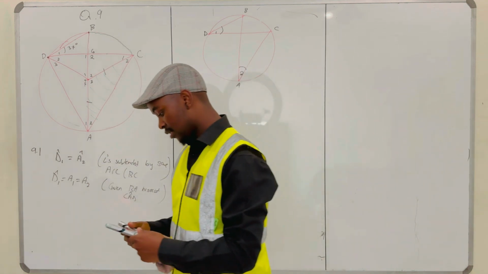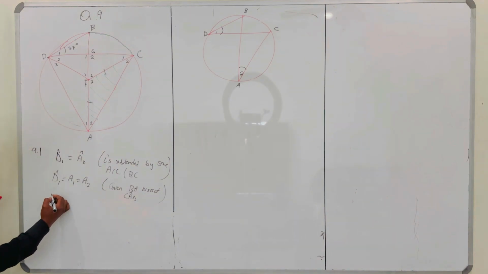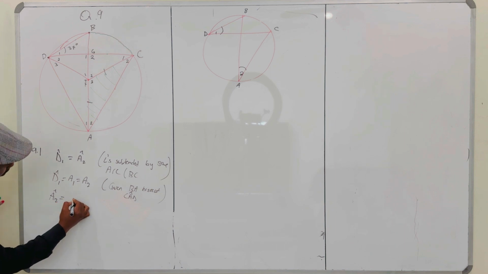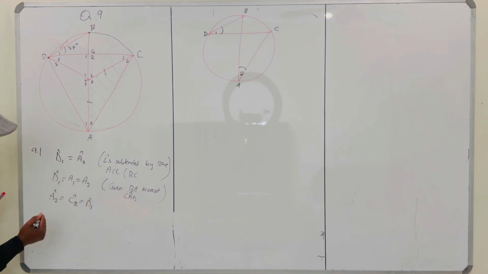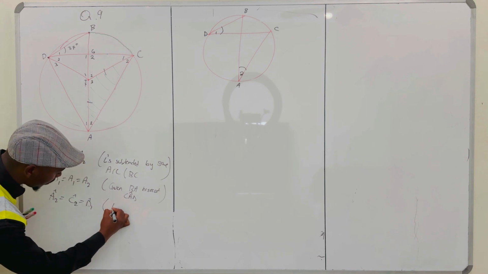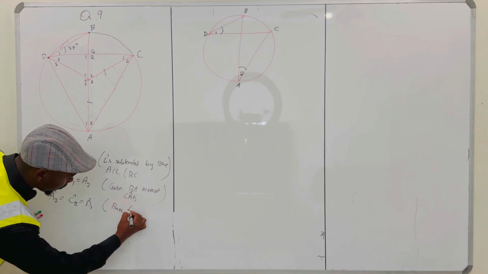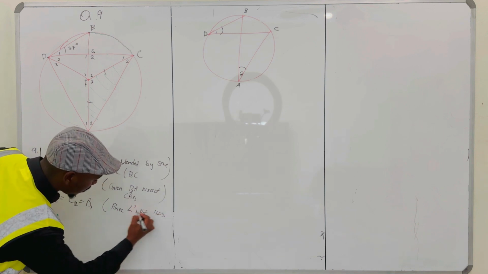All right. So understand A2 is equal to C2, which is also equal to D1, right? Because we said D1 is equal to A2. What is the reason? These are base angles of an isosceles triangle.